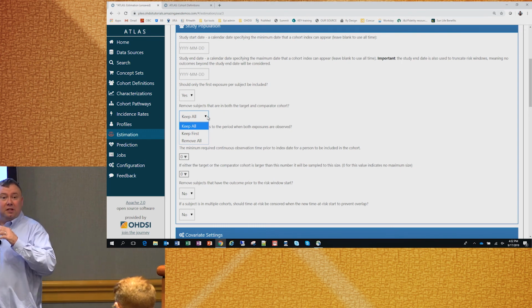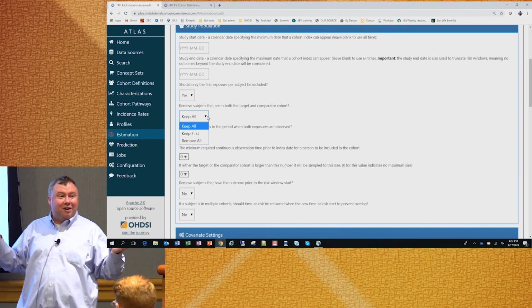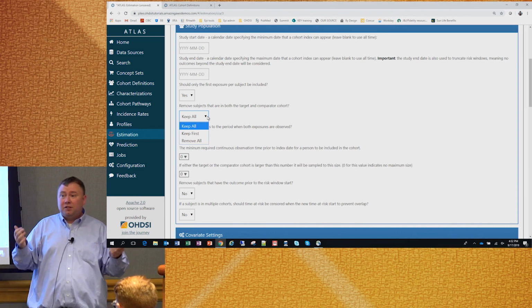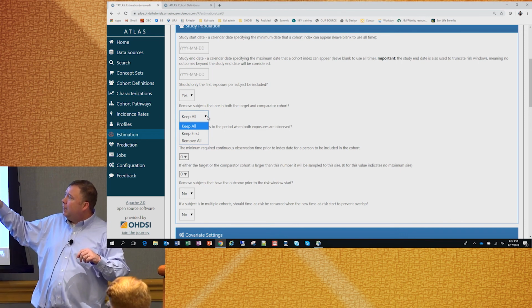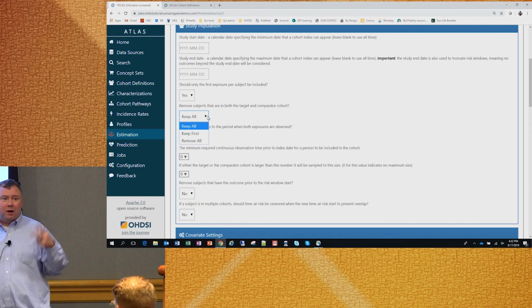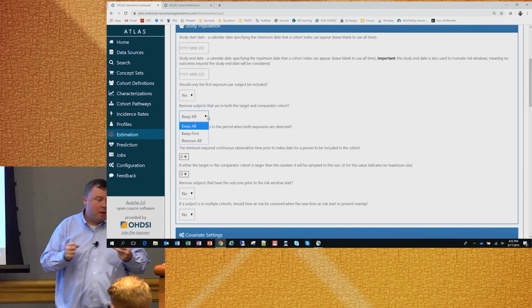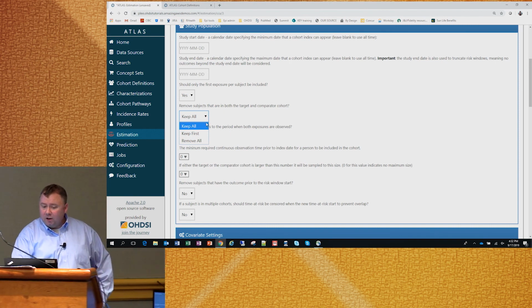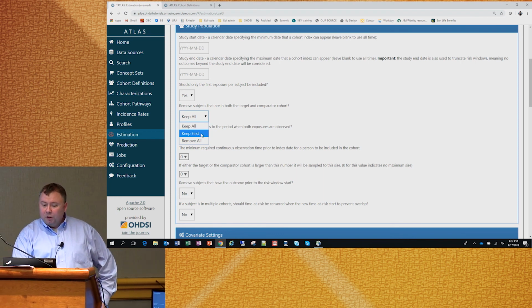So in this case, this scenario can't take place, but again, the estimation doesn't know what your T and your C are. They're just asking, how do you want to handle this situation? And this question comes up actually quite a lot in various studies because it is quite common that if you're comparing two treatments, there are some set of patients who try both treatments. So we need to decide how we want to handle that, and the options there are to keep them in both groups, keep only the first of the two cohorts that you enter into, or you could say if someone's in both cohorts, there's something funky going on and I'm going to remove them.